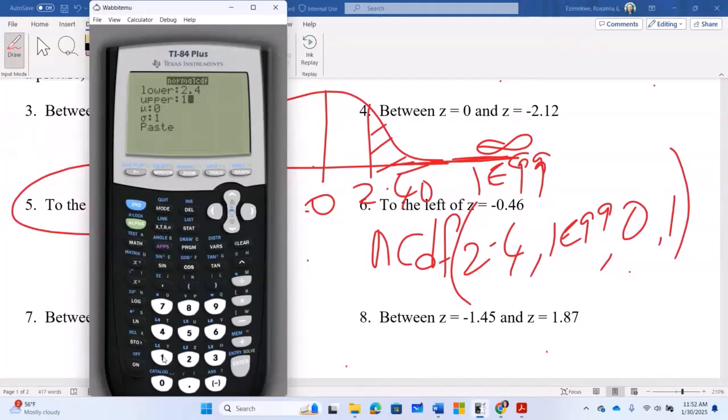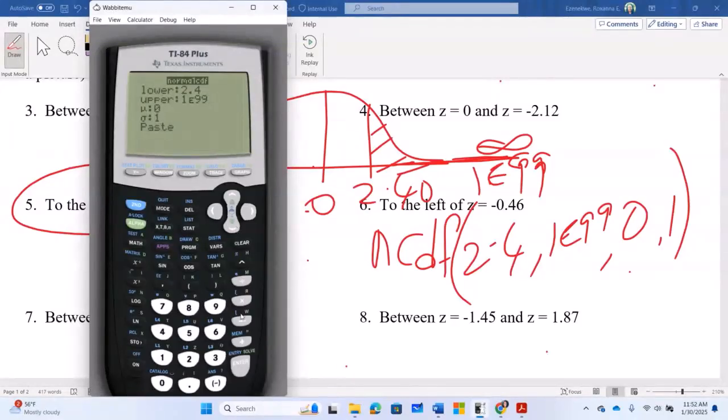Put in 1. And how do I find E? E is exponent. So second comma, that E in second comma, double E is the infinity. Power 99. I'm going to do it again. Second comma, that's where you get the E. The mean is 0.